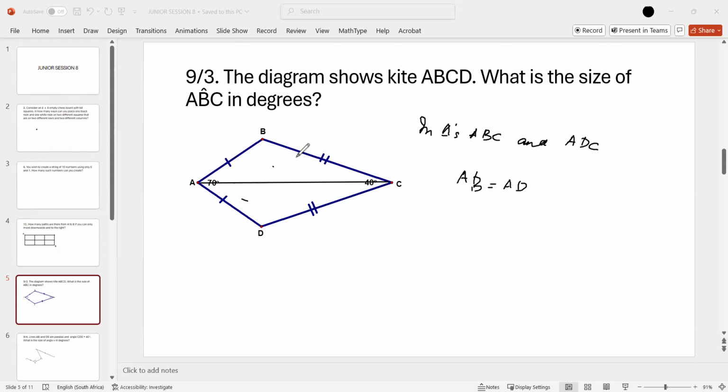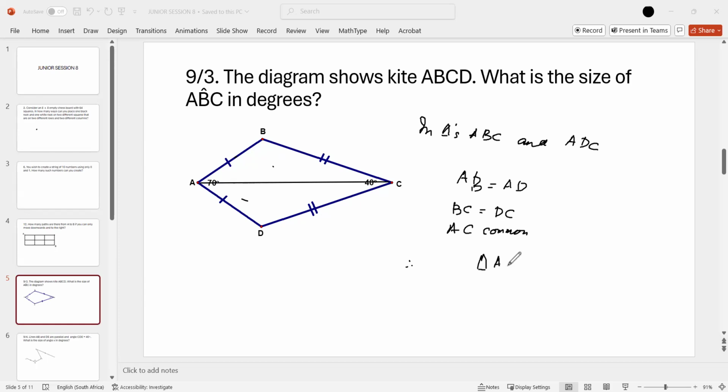This equals this. Then you have BC equal to DC. That's the definition of a kite. A kite is where both pairs of adjacent sides are equal. These are adjacent, that pair and this pair. And then you have that AC is common. So it means that these two triangles are congruent because you have the three sides.